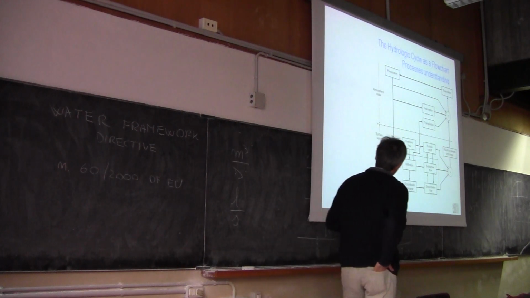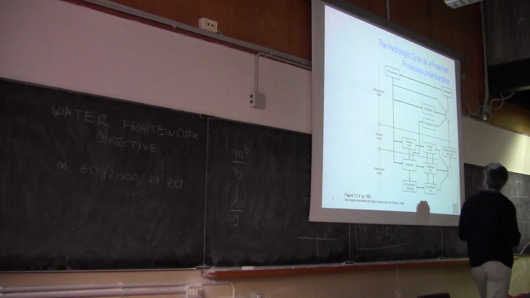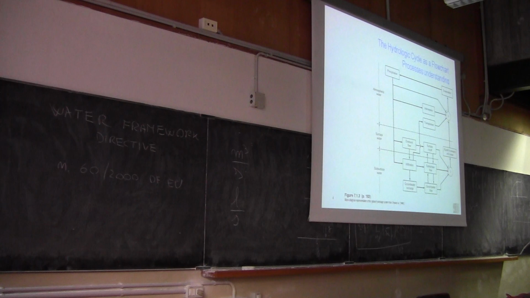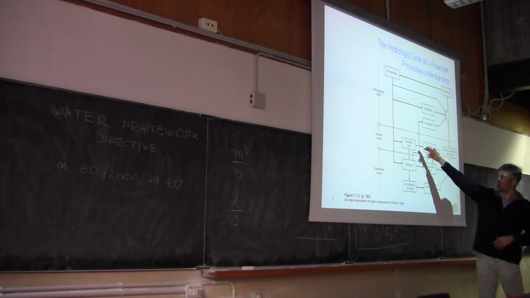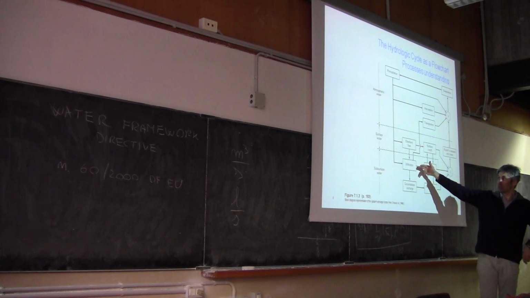While here we have a flow chart of the hydrological cycle, which basically depicts in a more useful way, if you have to prepare an algorithm, a flow chart of the processes, starting from precipitation, rainfall, to overland flow, infiltration.